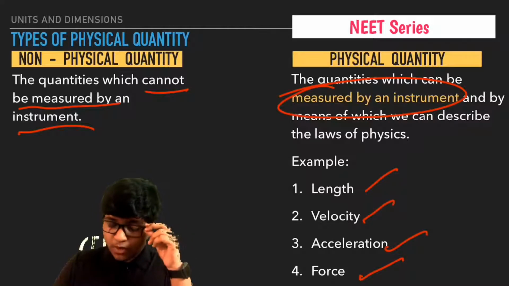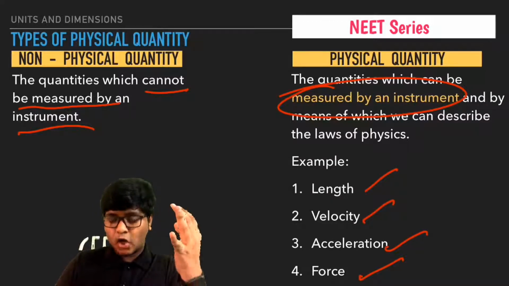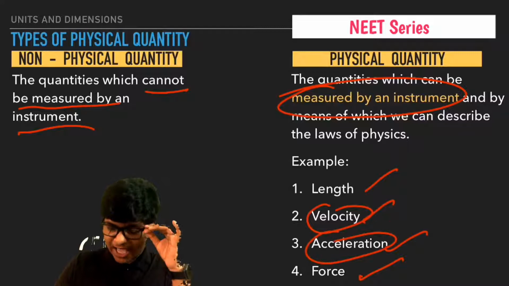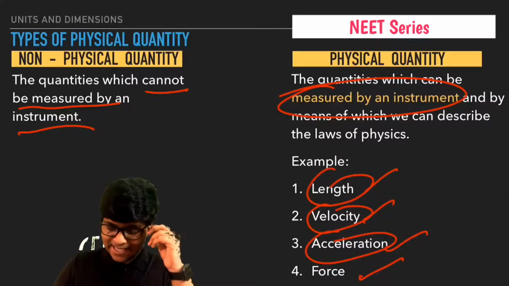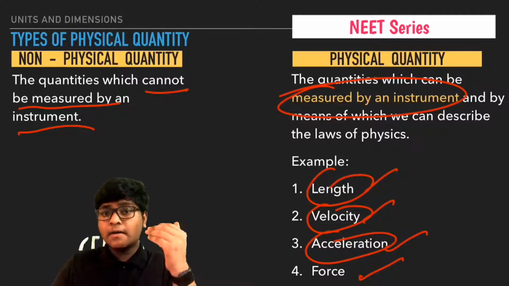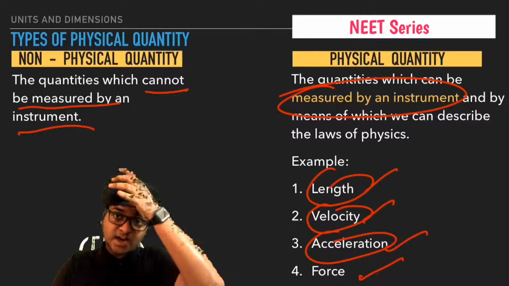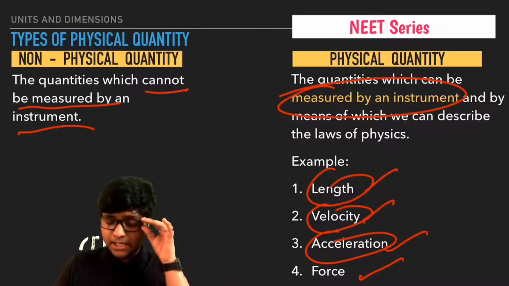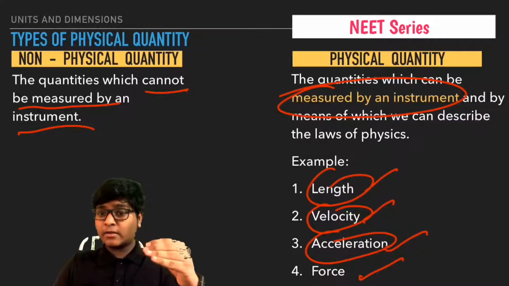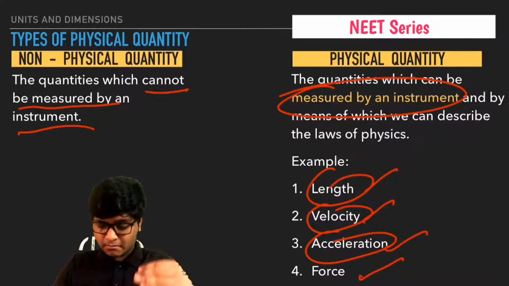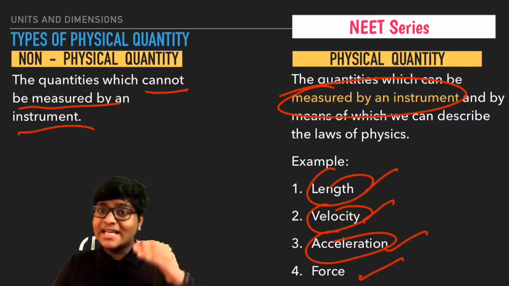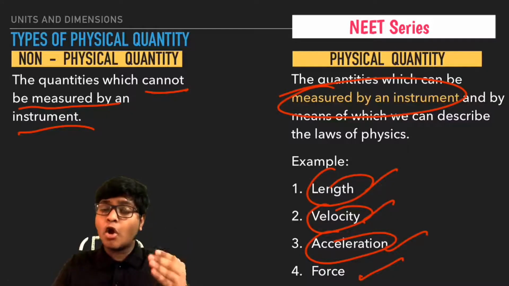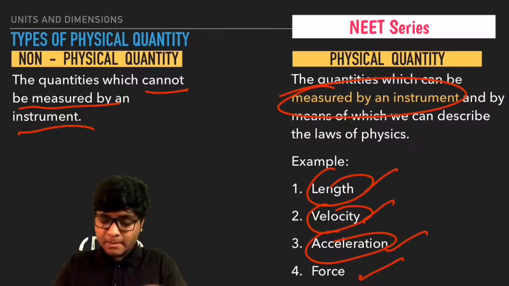Velocity and acceleration are derived physical quantities, whereas length is a fundamental physical quantity. Velocity, acceleration, time, force and pressure are derived quantities, which means they are derived from the fundamental or base physical quantities. We'll be learning about the types of physical quantities and the units.